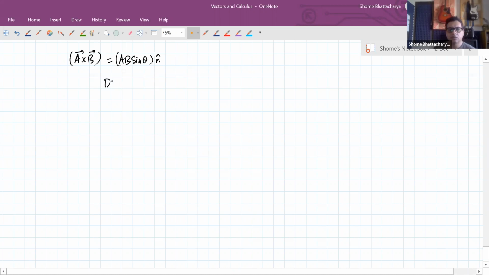So the direction of n cap, the unit vector of A cross B. How do we understand this direction geometrically? Let's get that.